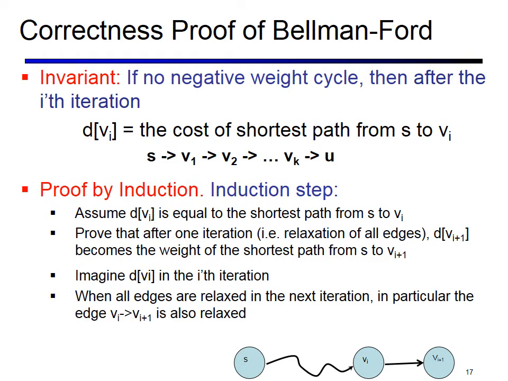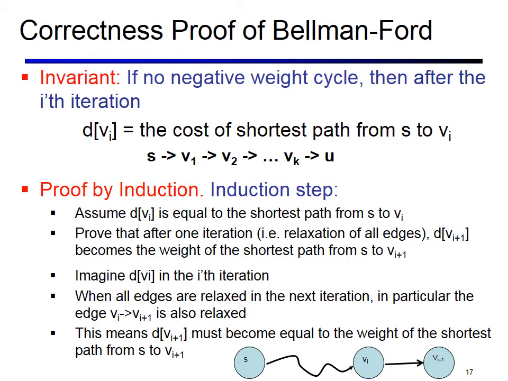After one more round of relaxing all of the edges, the edge Vi to Vi plus 1 is also relaxed in particular. Since this edge is on the shortest path, the value of d of Vi plus 1 must become equal to the value of the shortest path from S to Vi plus 1, because d of Vi is at its lowest value, the shortest path value, and Vi to Vi plus 1 is an edge on the shortest path.